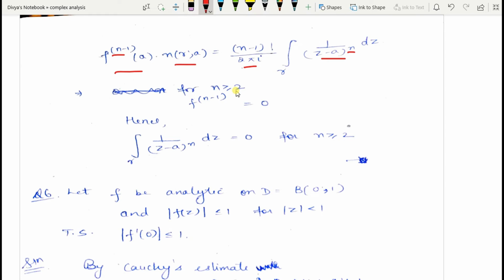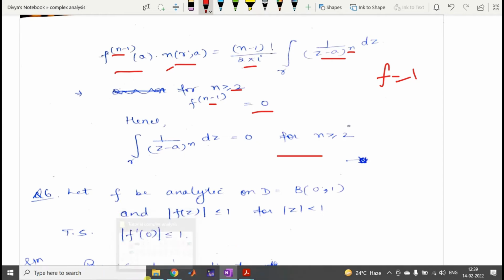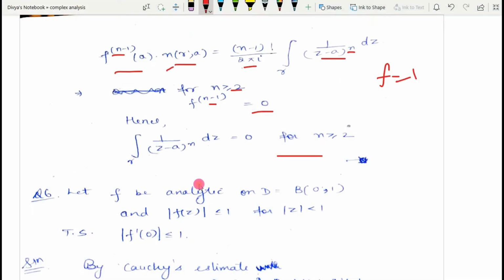Now for n greater than or equal to 2, we assumed the function is the constant function 1, so the derivative of f would be 0. So for n greater than or equal to 2, f to the n minus 1 is the first derivative and so on. So this derivative would be 0. So the LHS is 0, which means this integral is 0 for n greater than or equal to 2. Clear?